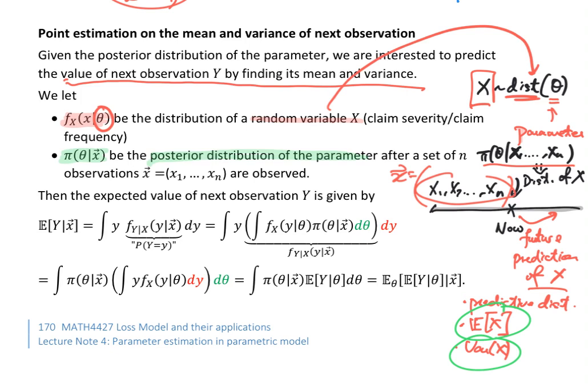To compute the expected value of y, you just derive it using this integral: y times the corresponding PDF. Of course here, this PDF in general should be a conditional density because it is derived given this observation.